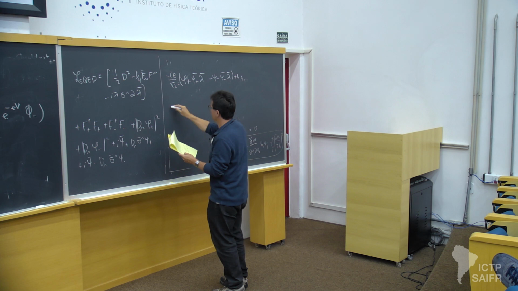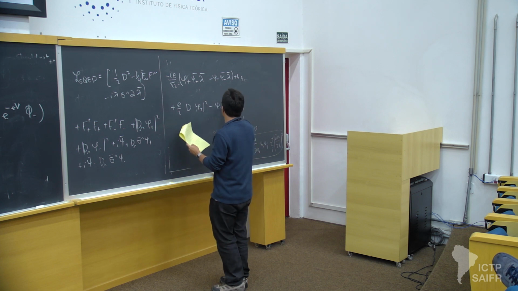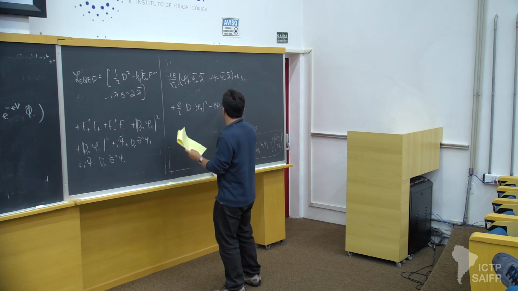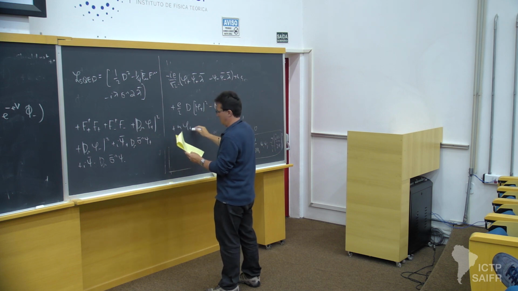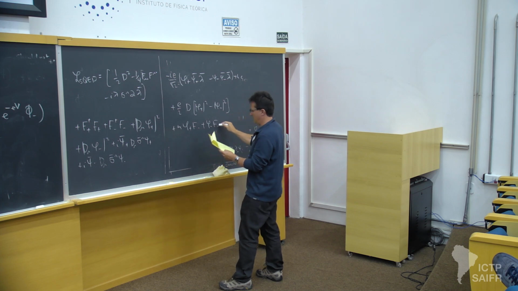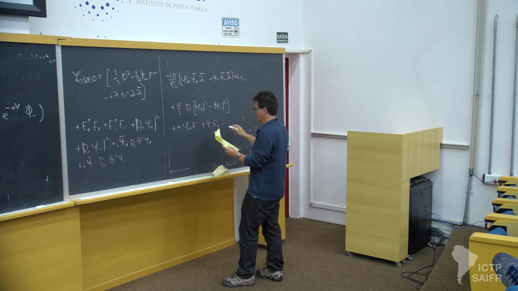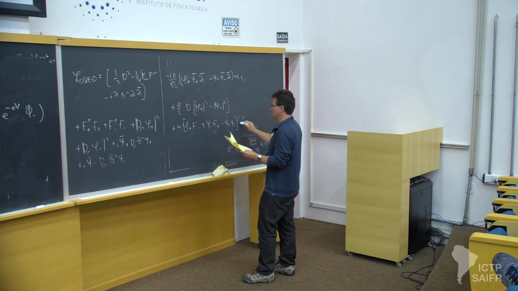And then there are these two terms, D times |phi plus| squared minus |phi minus| squared, and plus m times phi plus F minus plus phi minus F plus minus psi plus psi minus, plus Hermitian conjugate.